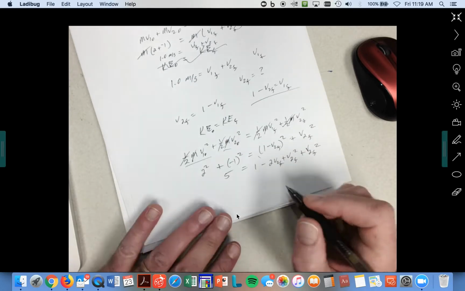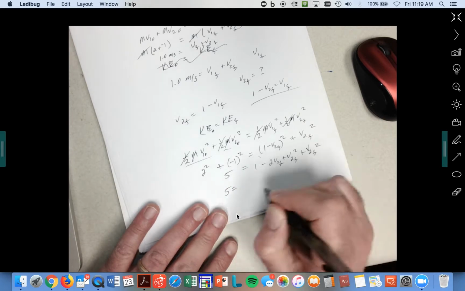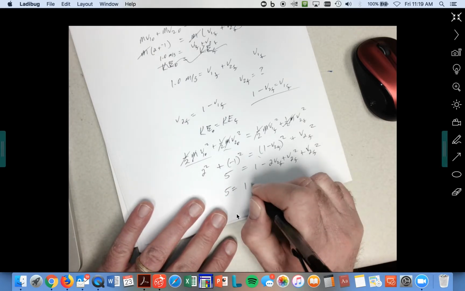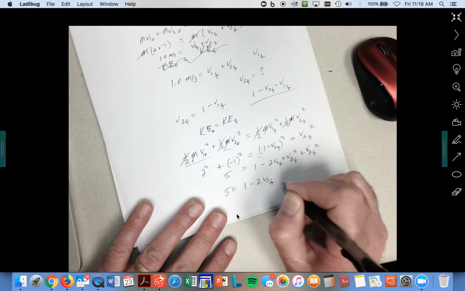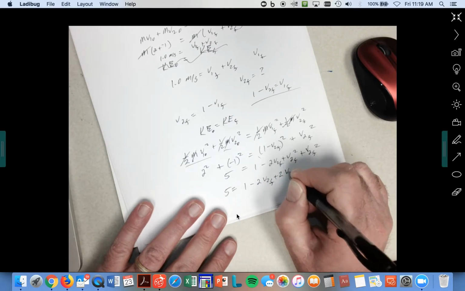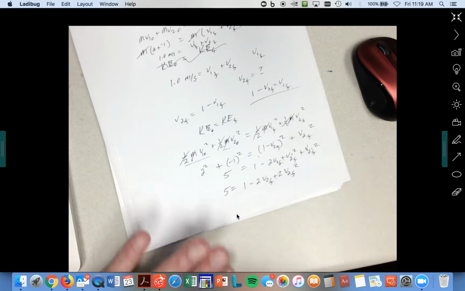All right, we're getting somewhere. So 5 is equal to 1 minus 2V2 final plus 2V2 final squared, because I added these two together.